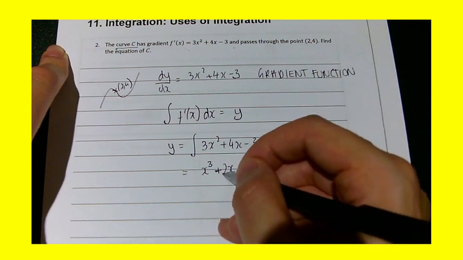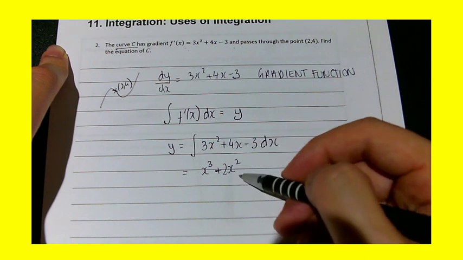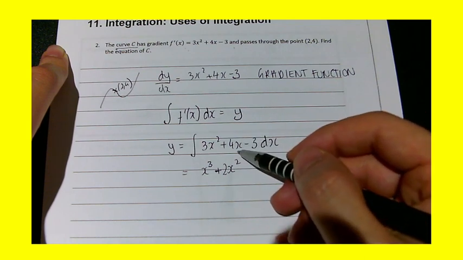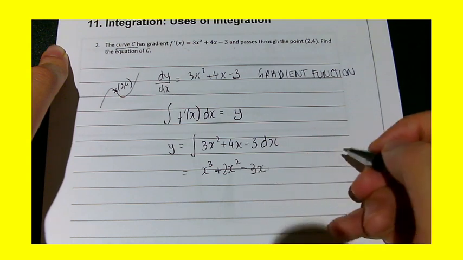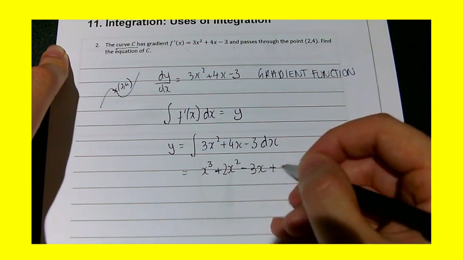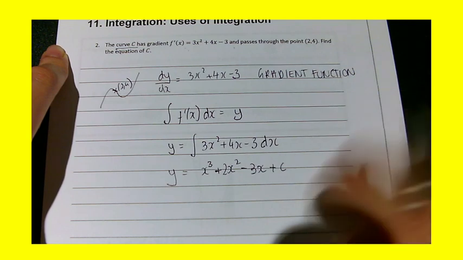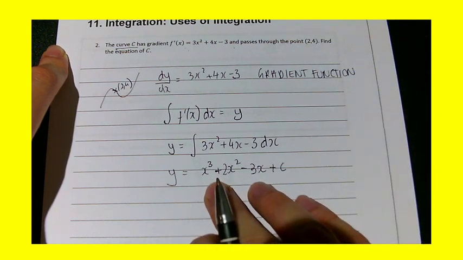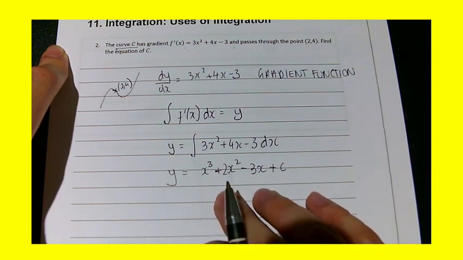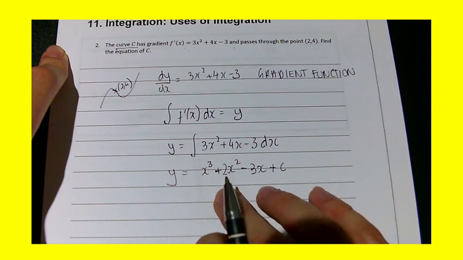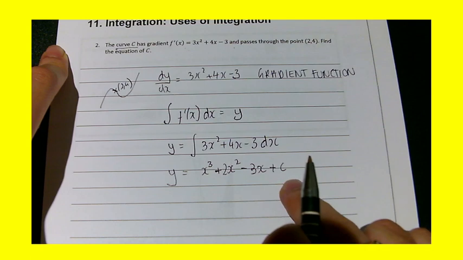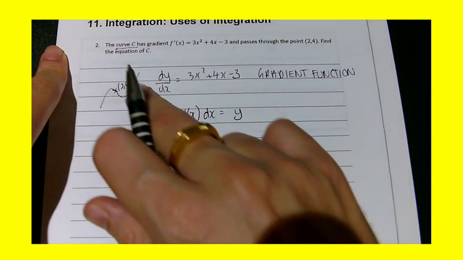Okay, add 1 to the power, divide by a new power, so you get 4x squared over 2, which gets you 2x squared, and then the minus 3 integrates to minus 3x, and you have a plus c. So we know the equation of the curve looks like this, okay, just from the information given to us above. However, we don't know the c, and actually we can find that by using this coordinate.